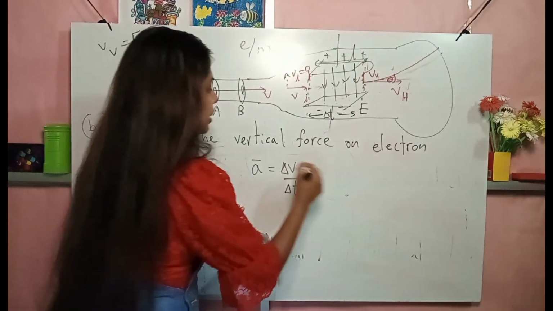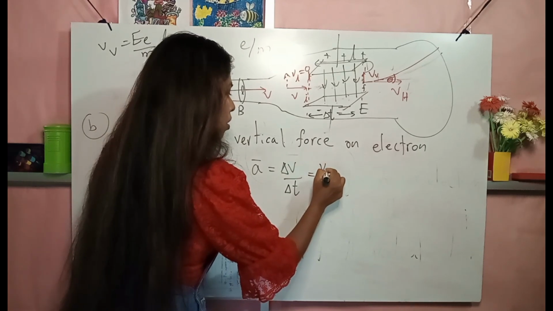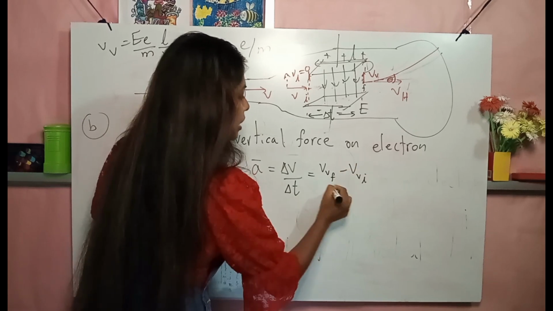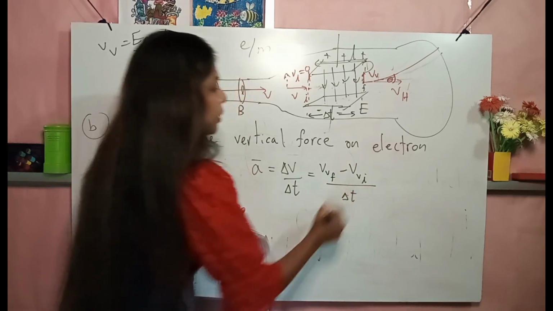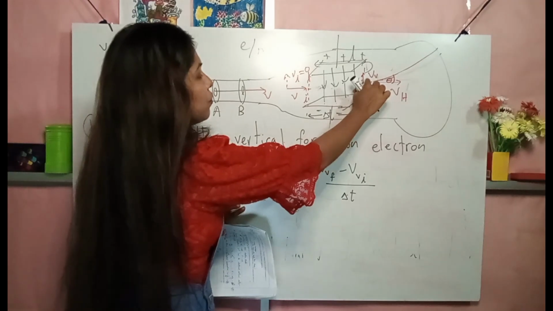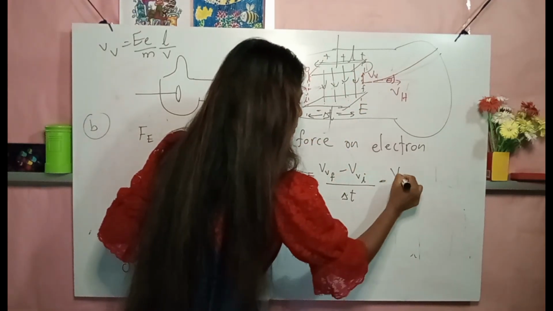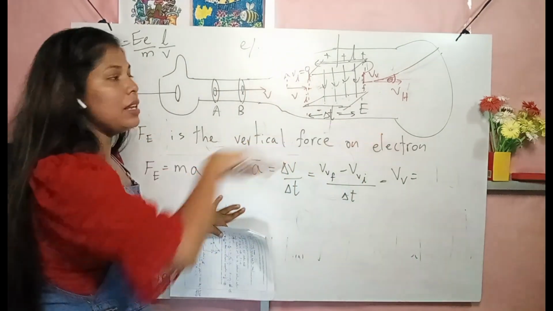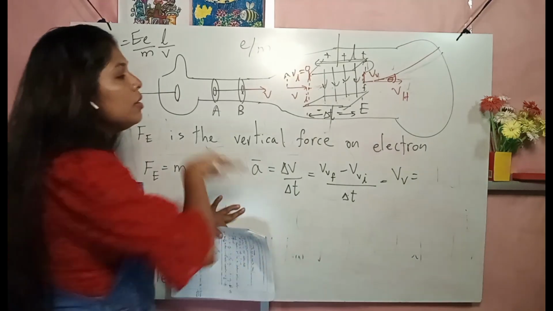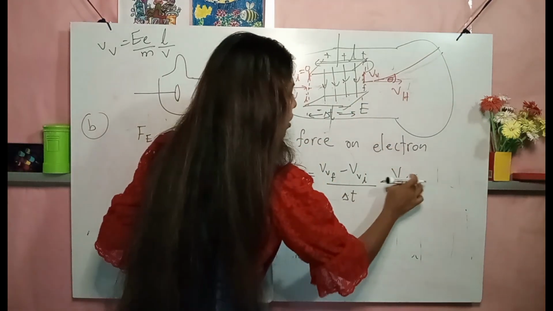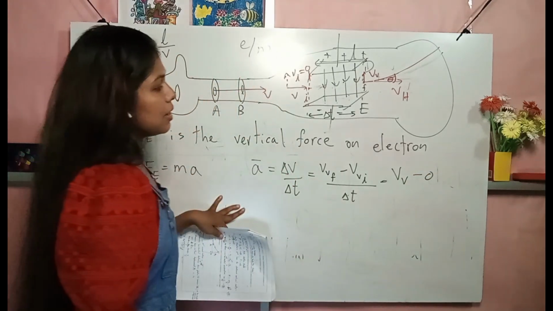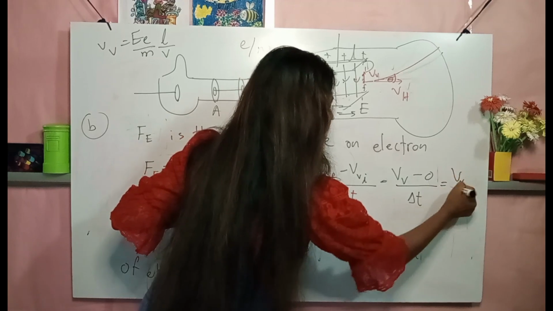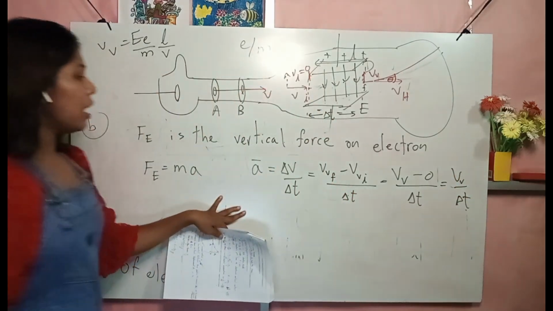Then delta V means V vertical final minus V vertical initial, divided by delta T. V vertical final is VV, and initially it doesn't have vertical motion; it is just moving in a straight line, so its initial vertical velocity is 0.